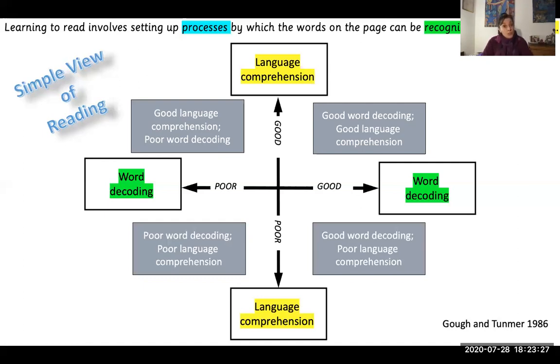So these children need more text with more words and very little or no drawings, images, or pictures at all. So they make the effort to do the technical part, decode, blend, to be able to hear the word and then connect to the meaning. We can say that dyslexic children can be put in this group.